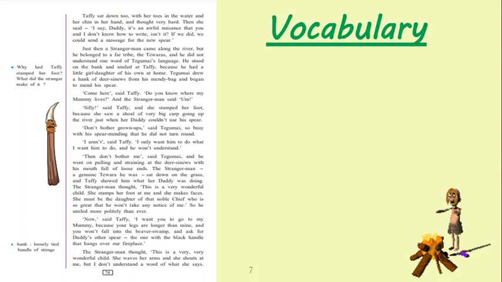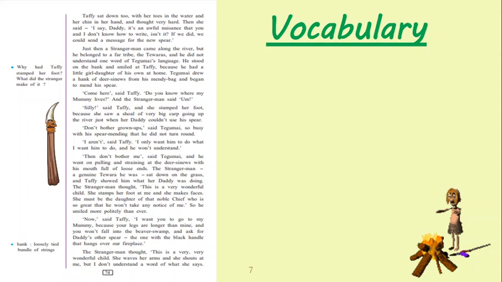Just then, a stranger man came along the river, but he belonged to a far tribe, the Tivaras, and he did not understand one word of Tegumai's language. He stood on the bank and smiled at Taffy because he had a little girl daughter of his own at home. Tegumai drew a hank of deer sinews from his mendy bag and began to mend his spear.